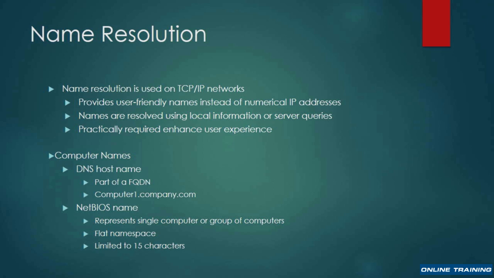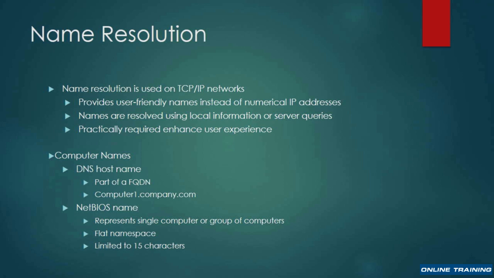That resolution typically is going to happen with server queries, although it could also happen using local information such as cache files or even host files, LM host files. And so it enhances the user experience because it makes it a lot easier to access shared resources than if you had to remember numerical IP addresses.